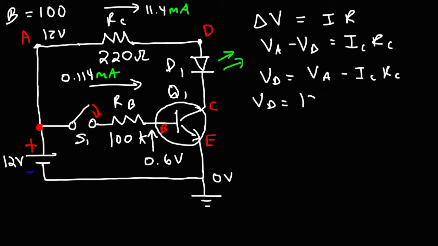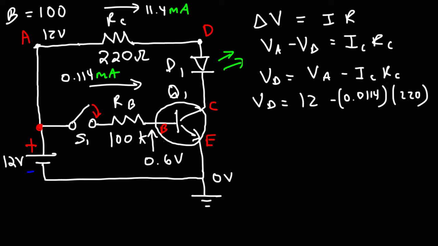So the potential at A is 12 volts. And keep in mind, VD is going to be lower than VA because the current flows from a high potential to a low potential. So it's going to be 12 volts minus the current. Since this is in ohms, we want this to be in amps. 11.4 milliamps, if you divide that by 1,000, you'll get the current in amps, which is 0.0114 amps, times the resistance of 220 ohms.